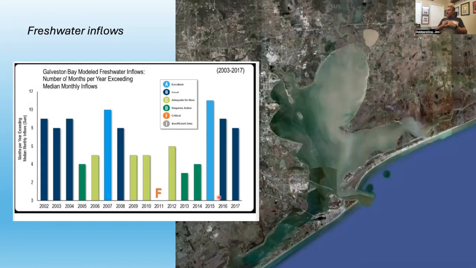I served for a few years with Houston Advanced Research Center helping with the Galveston Bay Freshwater Inflows Group, which was a program of the Galveston Bay Estuary Program. And there were a lot of discussions and modeling and negotiations that took place trying to manage those inflows because that has a significant impact on that saltwater gradient.